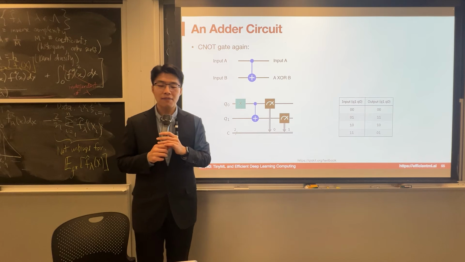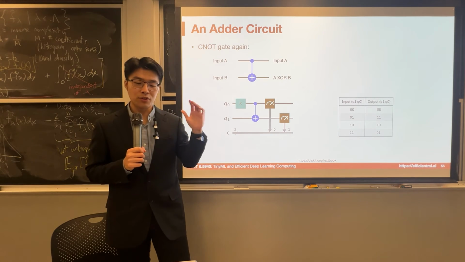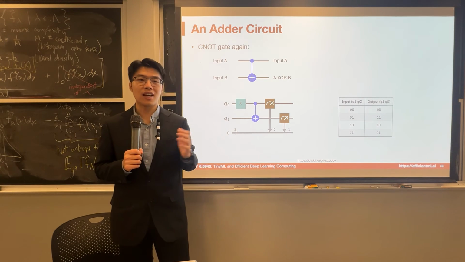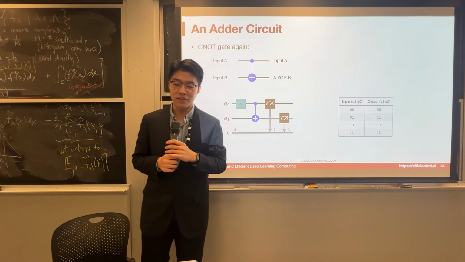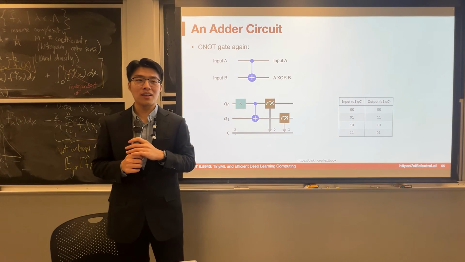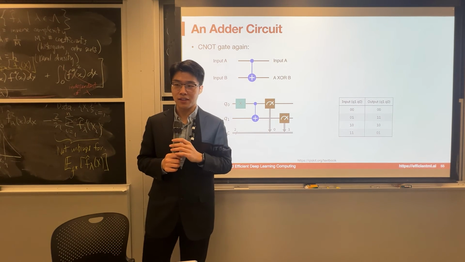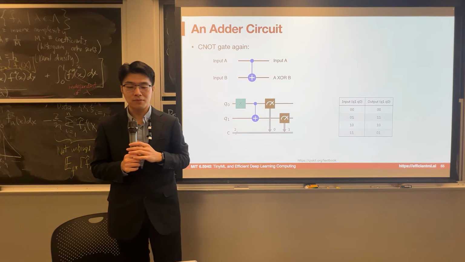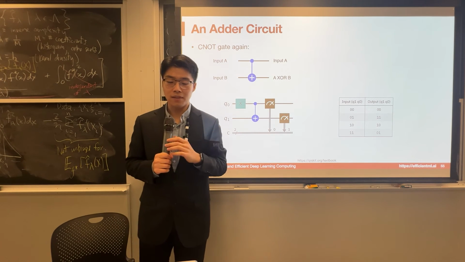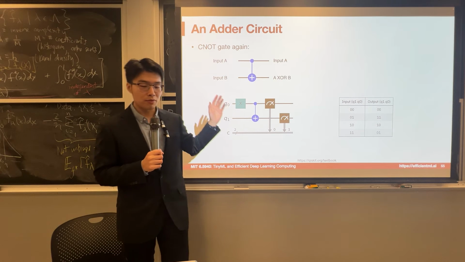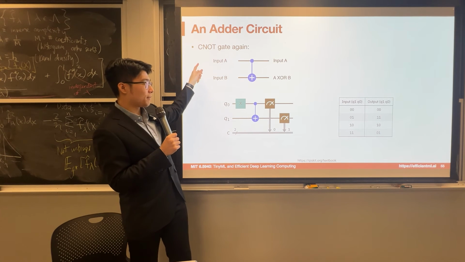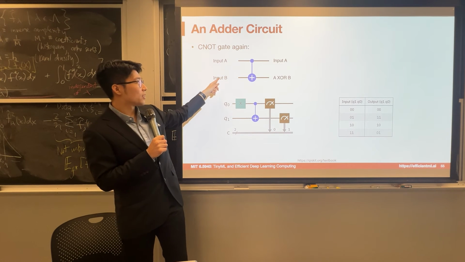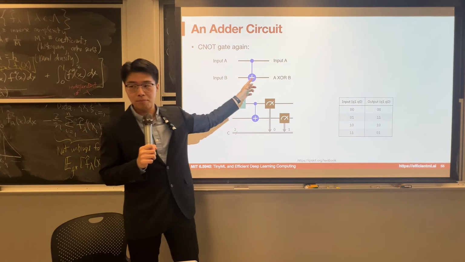So here we can have a very simple example, which is an adder, right? Because in classical digital logic, the first circuit we learn is the adder circuit. So how can we achieve that in a quantum circuit? The first thing to keep in mind is that the CX gate can do this A XOR B, right?